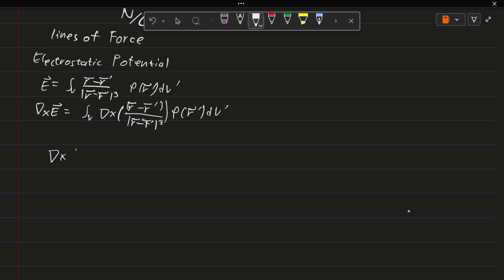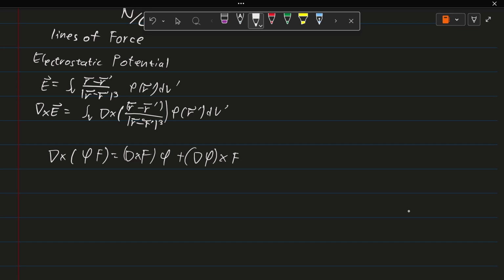We know that when computing the curl of a scalar multiplied by a vector field, it's the curl of the vector field multiplied by the scalar, and also you need to find the gradient of the scalar and then cross it with the vector field. This was discussed in the last video.